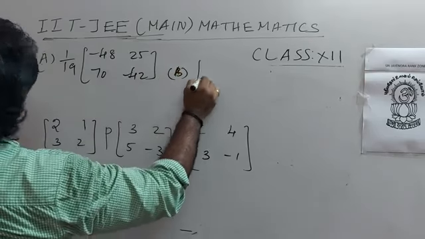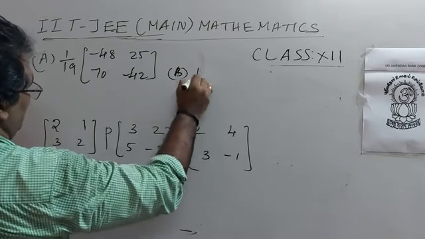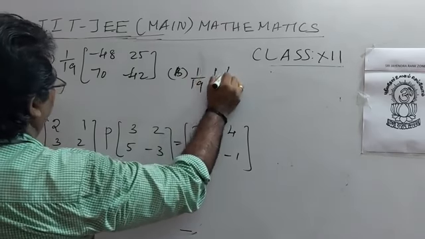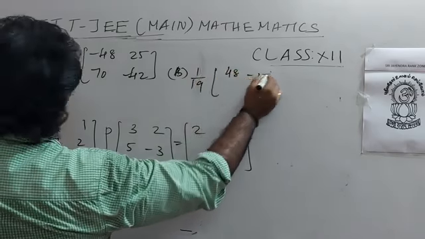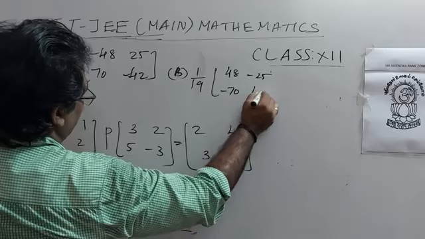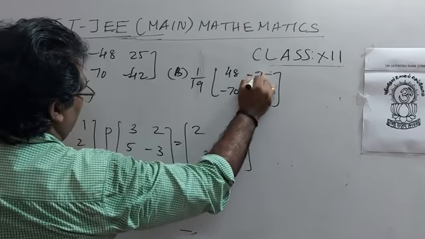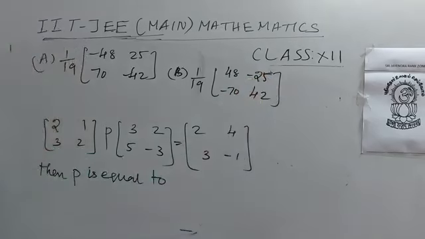Option B, 1 by 19 [[48, minus 25], [minus 70, 42]].